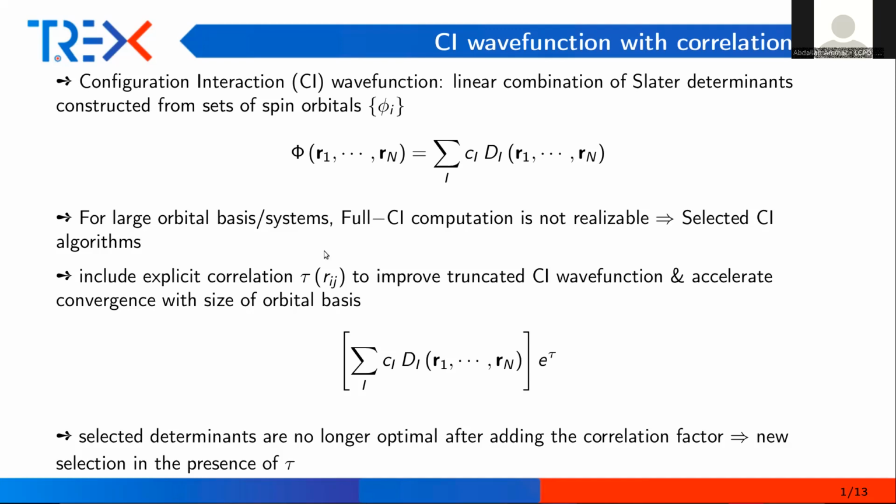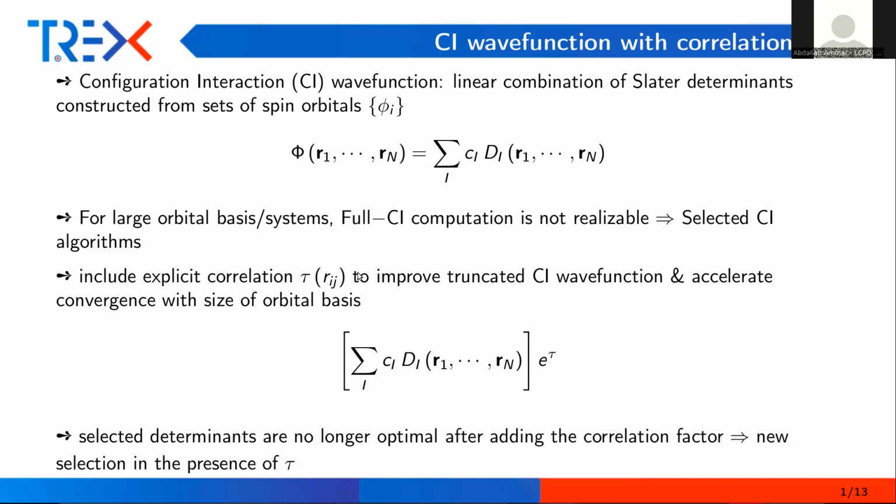An efficient way to recover the loss in correlation from the truncated CI wave function is by adding an explicit correlation factor tau, which depends on the inter-electron distances.